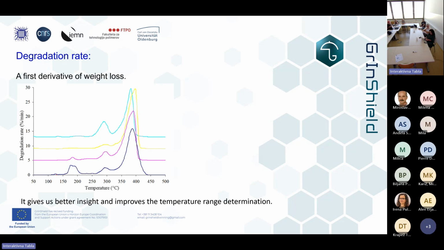So the termination did not proceed with coupling of two, but with disproportionation. Irina was talking about this yesterday. So there are double bonds, and those double bonds are again a weak point in the structure, and it degrades around 300 and around 400. This is a normal degradation of polymethyl methacrylate, where methyl methacrylate is evaporating. So from this, we actually observe also differences in chemical structure.